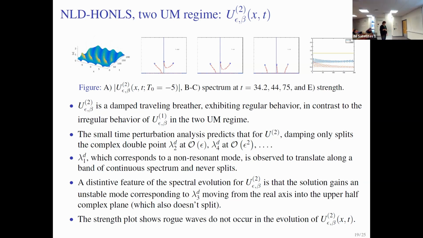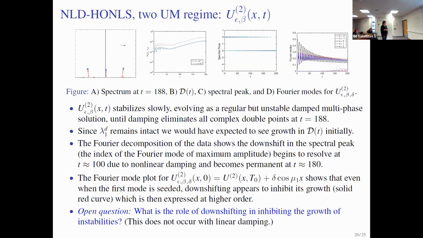And so the reason this example bothered me and I did it over and over is because if you look at the difference, the idea here is that this single mode SPB U2 stabilizes very slowly, and it's not until you actually eliminate all of the complex double points, the bands have eventually completely moved down towards the real axis, and those double points have moved to the real axis, and they're gone, that you don't have any complex double points.